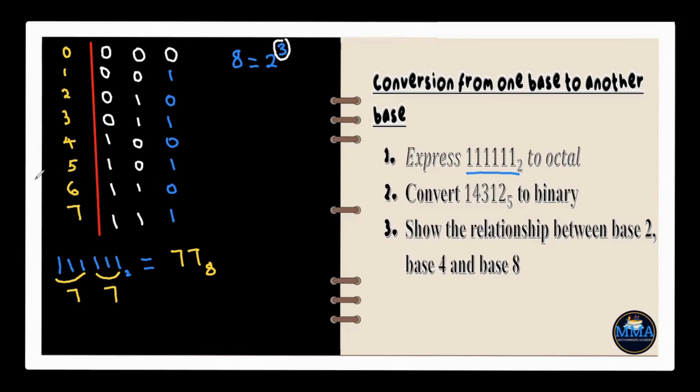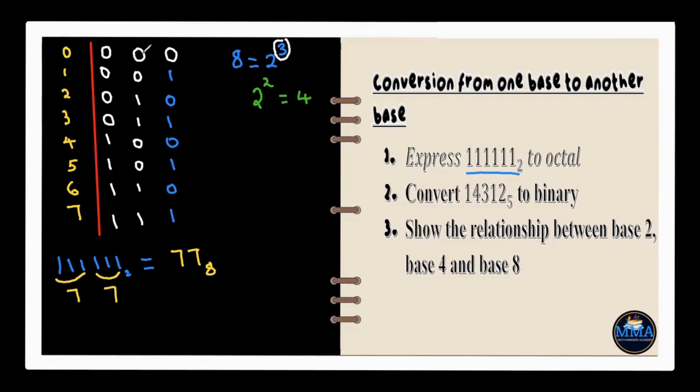Yes, the answer is yes, we can still use this table. This is what we do if we want to achieve that. The relationship between base 2 and base 4 is this: 2 raised to power 2 is 4. So the table that can be used to create a relationship between base 2 and base 4 will contain only 2 digits.